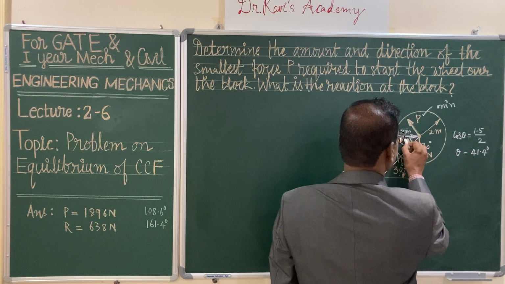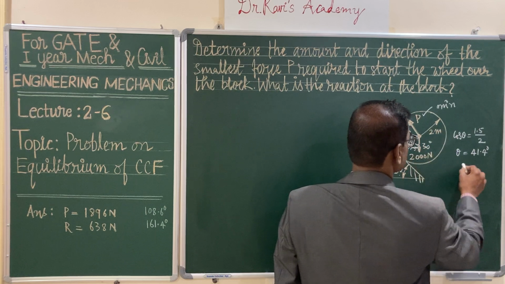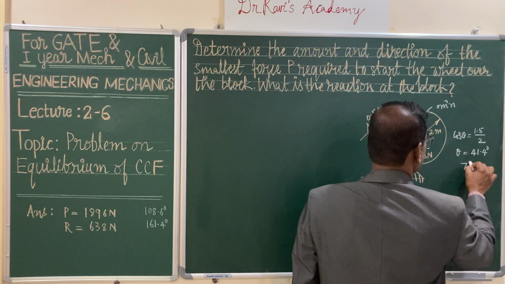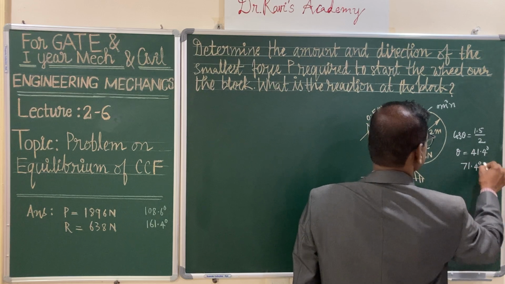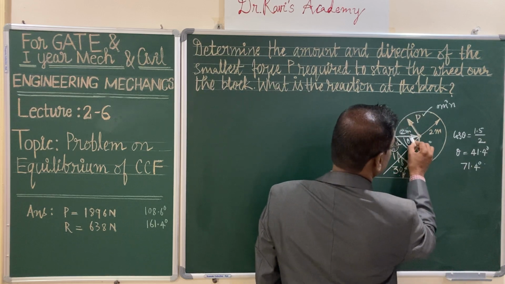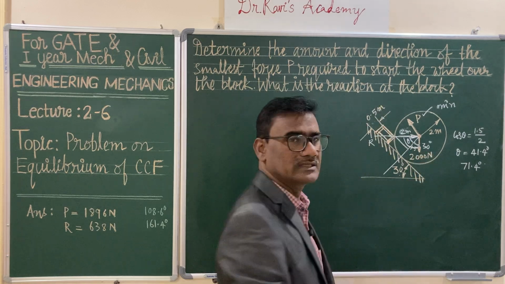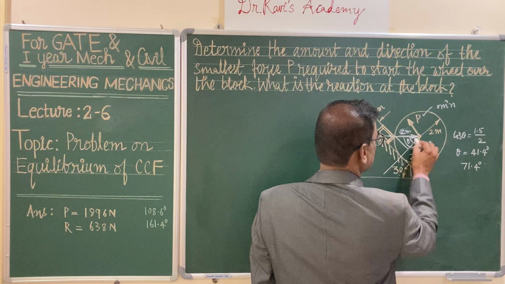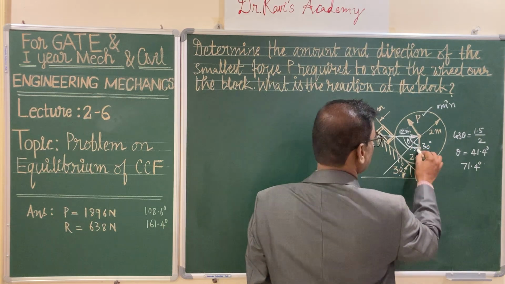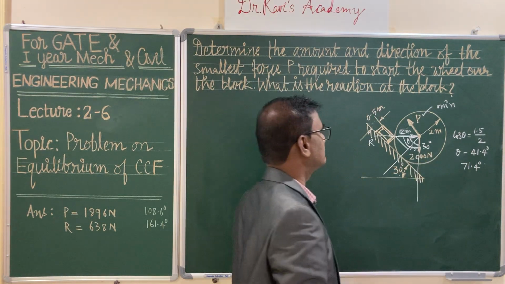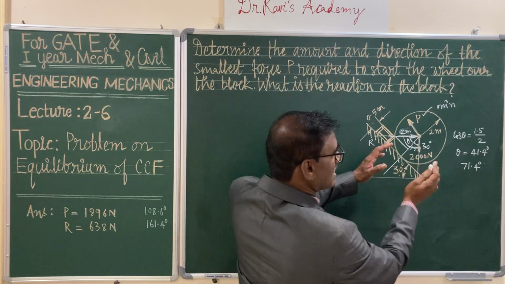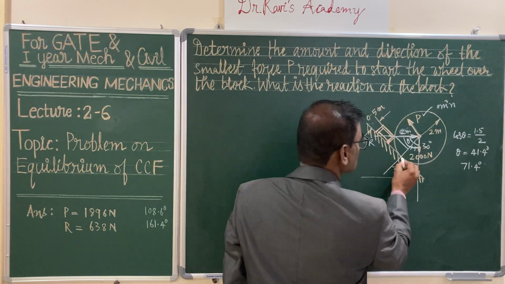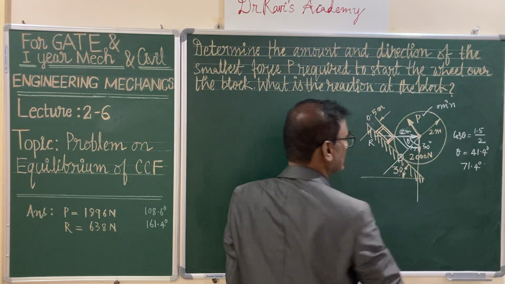So the total angle with vertical becomes 71.4 degrees. That means the reaction R is at an angle of 71.4 with the vertical.